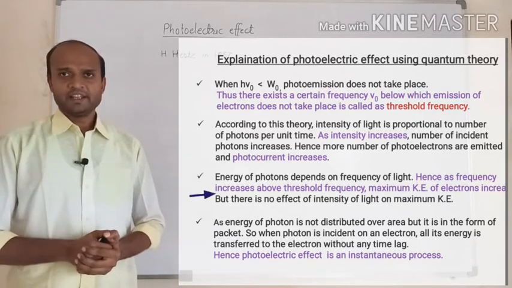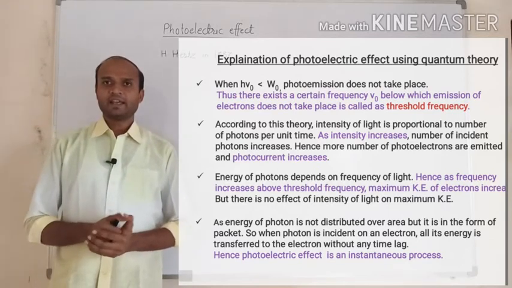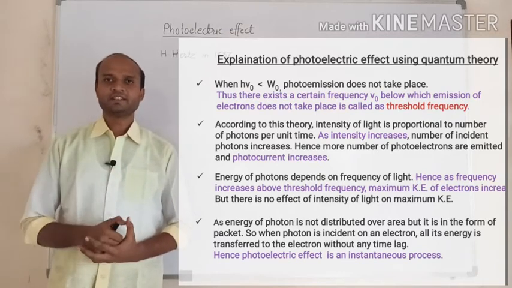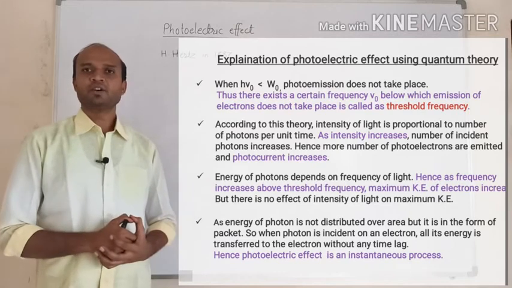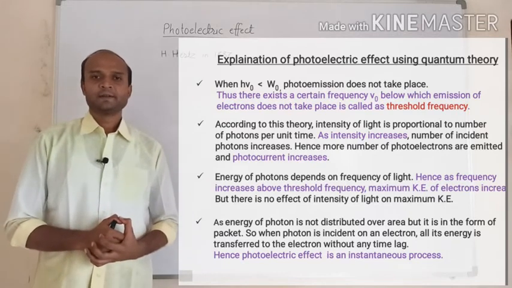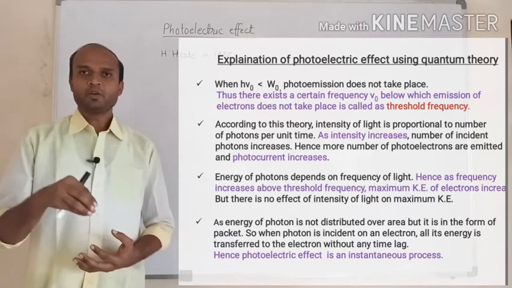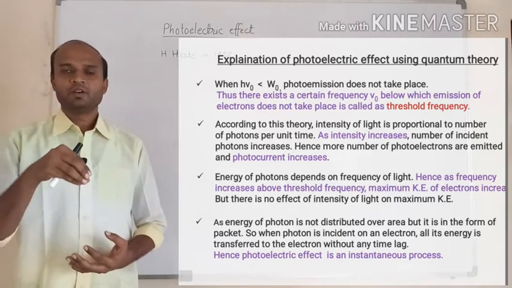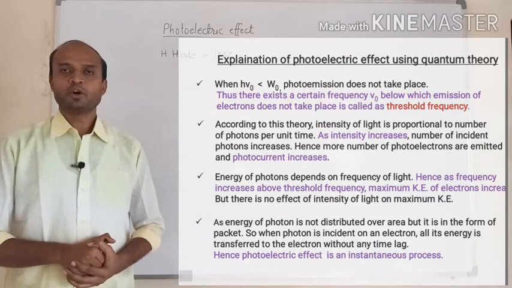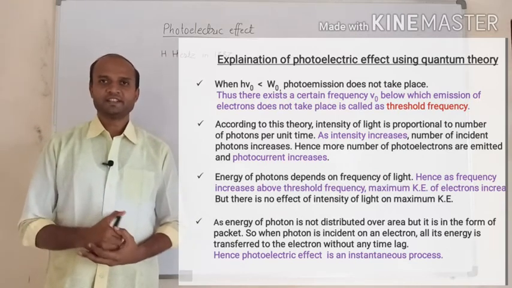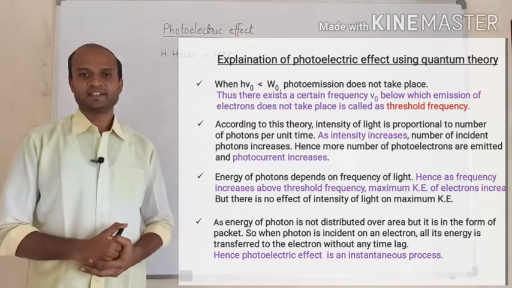As the energy of a photon depends on the frequency, as frequency goes on increasing, maximum kinetic energy also increases. But intensity increasing means only the number of incident photons increases, not their energy, and that's why maximum kinetic energy is independent of the intensity.